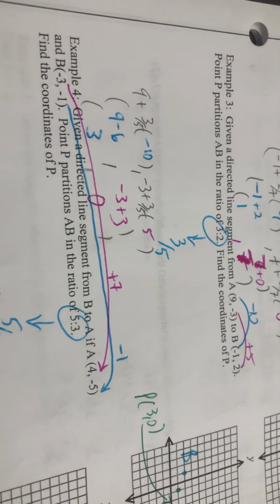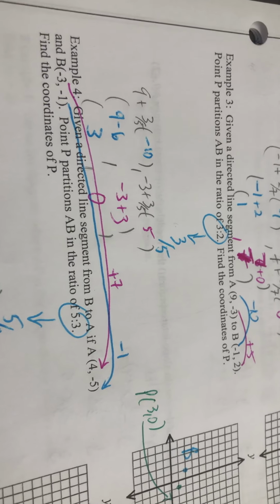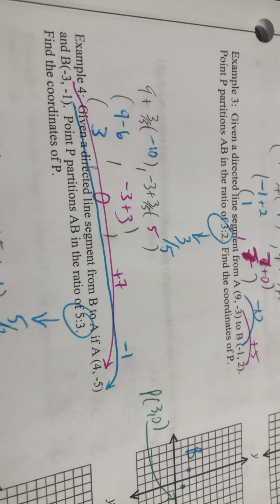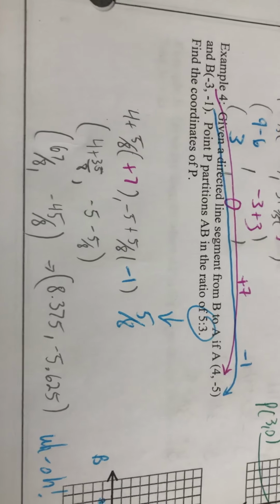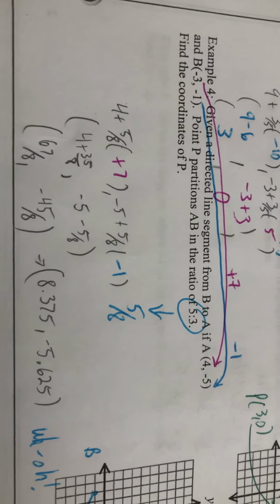And go ahead and pause the video and try example 4 before I show it to you. You've unpaused the video, and here is example 4. I'm not quite sure that my numbers are correct, so feel free to check me.